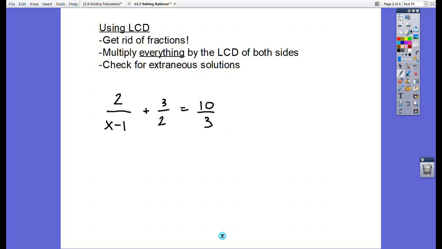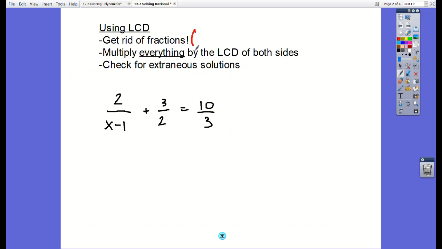So take a quick second here to jot down these notes that we're going to get rid of fractions. So we see a problem like this written on the board. The last thing we want to do is have fractions all over the place. So our first goal is to get rid of those fractions. So in problems like this, if you end with fractions after one step, something went wrong.